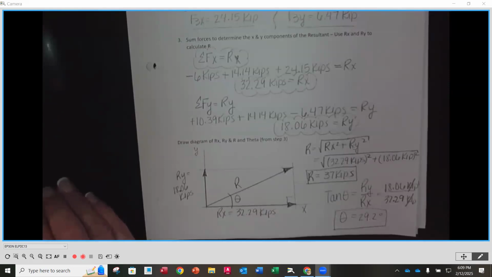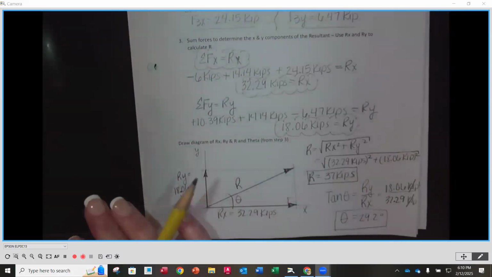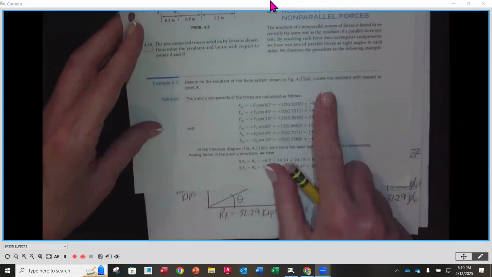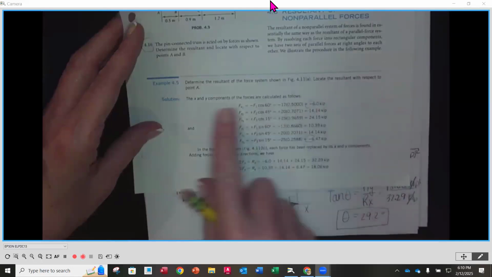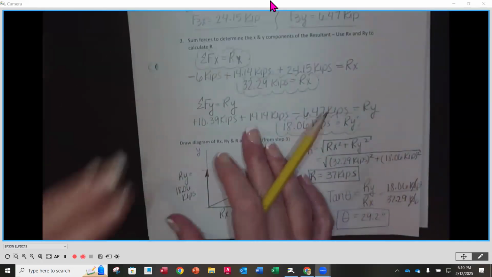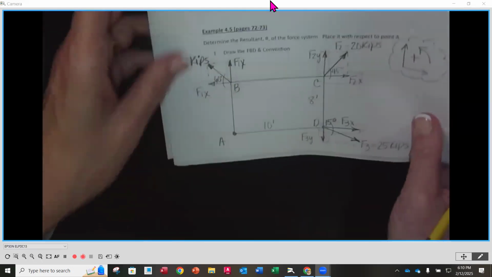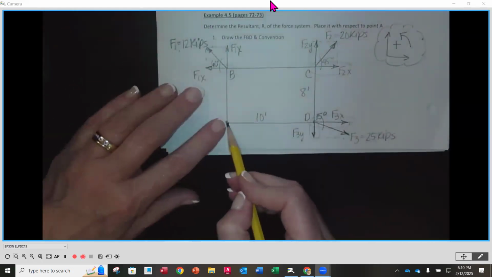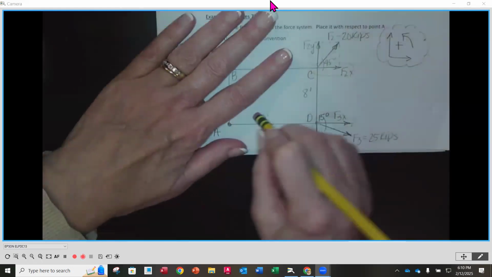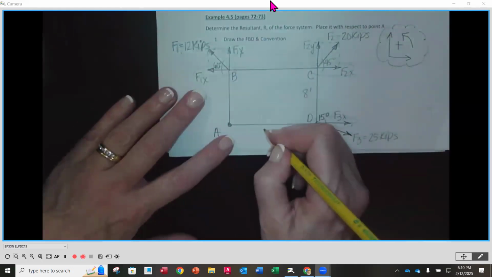Okay. So now we know our resultant, we know its direction, but we do need to do more work here. If we go back to the original problem statement, we need to locate the resultant with respect to point A. So if I go back to my illustration, here's point A. And I know that, for instance, this is 10 feet here.